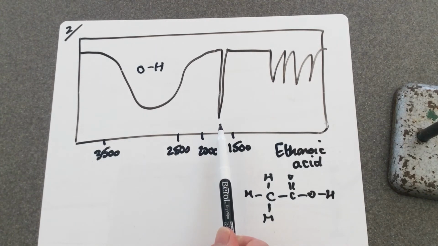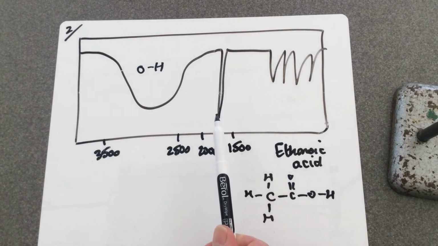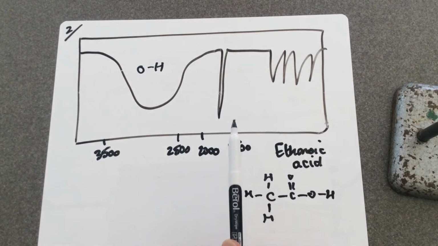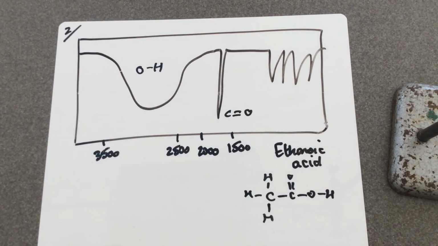Looking in this region, round about this value, somewhere around about 1700, in the region between 1630 and 1820, you're going to get a very narrow, sharp and deep peak or absorbance. That indicates the C=O. So I've got this bond present, and I've got this bond present.